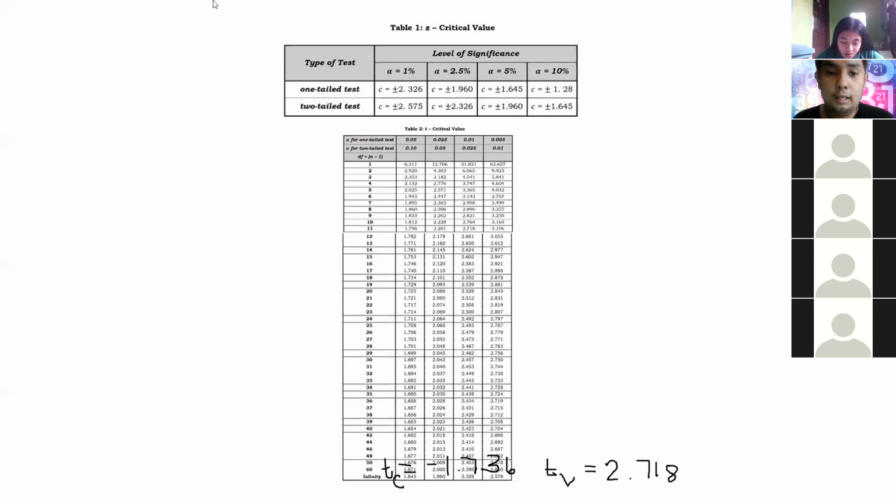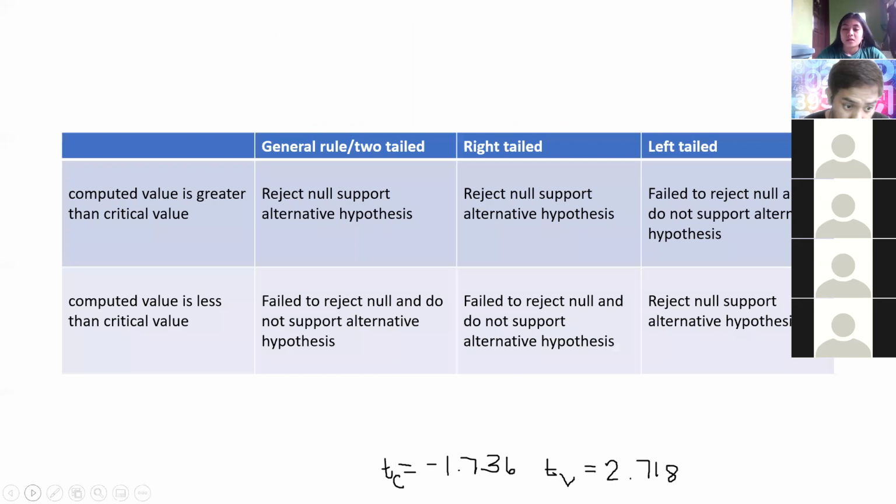Ngayon, let's move. The question now, sino ngayon ang mas malaki? Sa left-tailed. So, left-tailed tayo, di ba? Mas malaki ngayon si computed, P-value o critical value. So, ibig sabihin, computed is less than critical value.